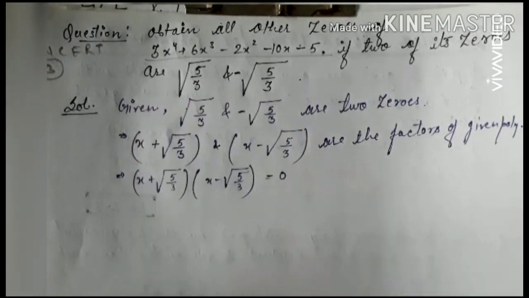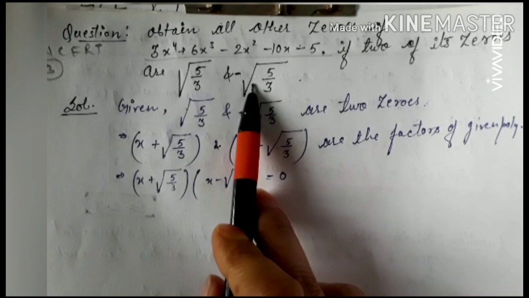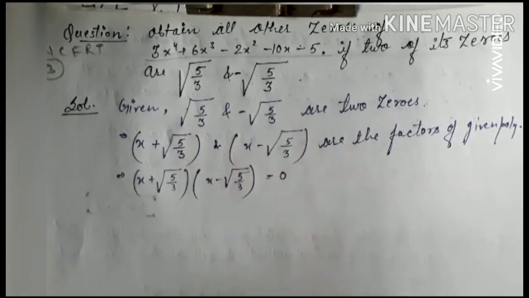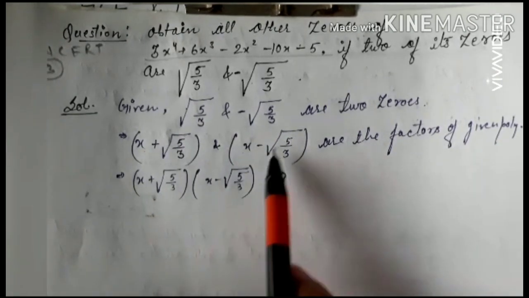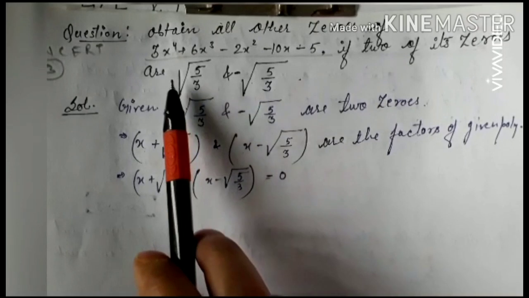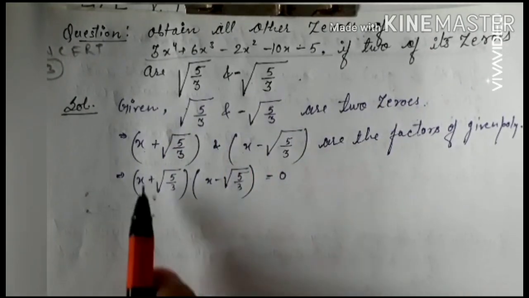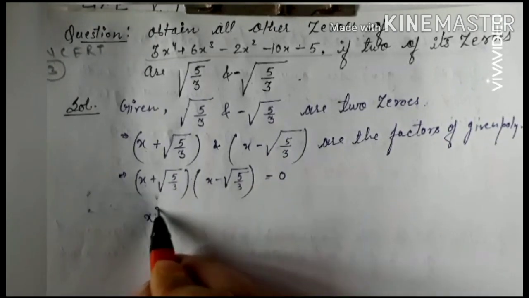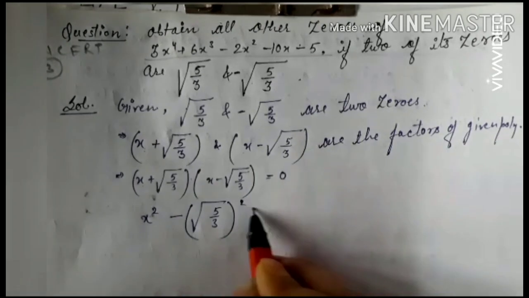Before doing this, firstly we will make a quadratic from these two zeros you have given. How will you make a quadratic? These are the zeros, so you can write it as x plus root 5 upon 3 and x minus root 5 upon 3, because the first sign is positive and the other is negative. It is like a plus b and a minus b, so you can write x square minus root 5 upon 3 whole square equal to 0.